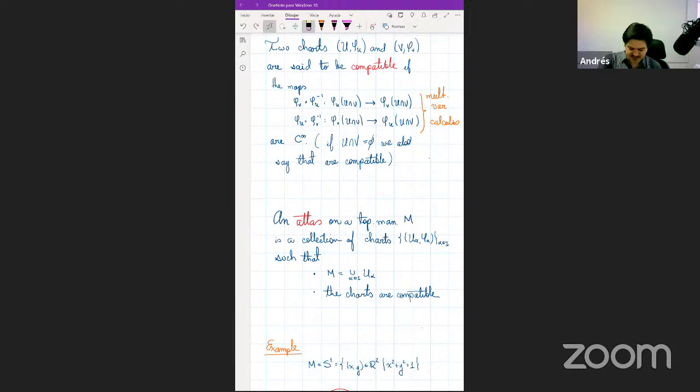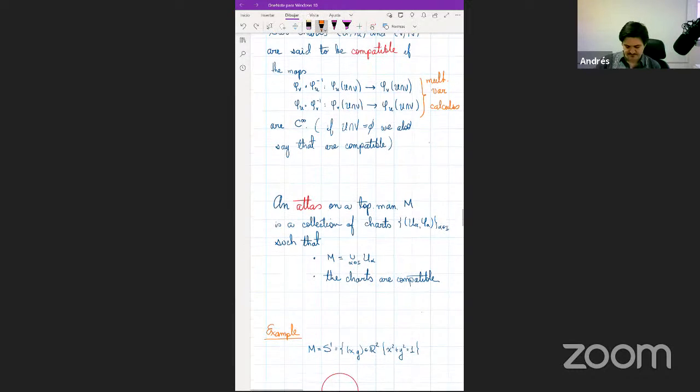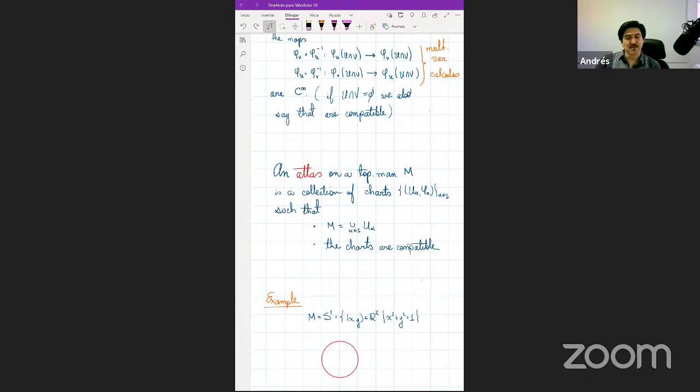So let's see some examples. So this is the circle. This is a topological manifold of dimension 1. Okay? And I need to define some shards, see that they are compatible, and then check that I have an atlas.